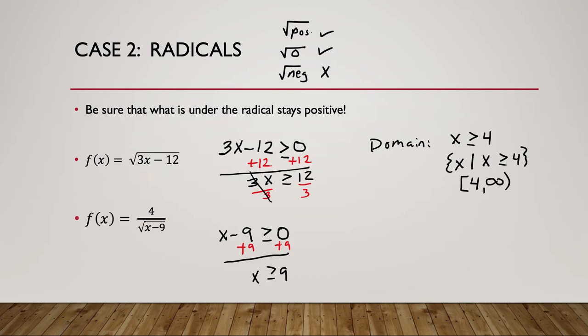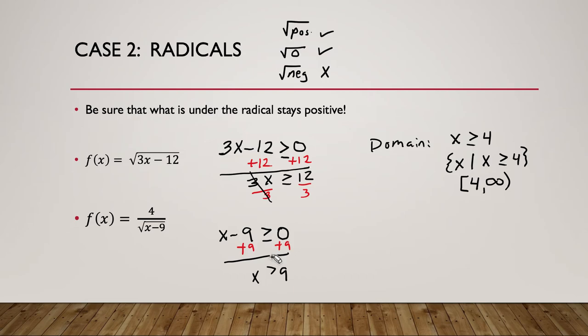So what is the value that would cause the denominator to equal 0? Yes, so if x is equal to 9, the denominator is going to be 0, and we're going to have a problem. So I think instead of saying greater than or equal to 9, let's take the equal to off, and let's just make it greater than 9.